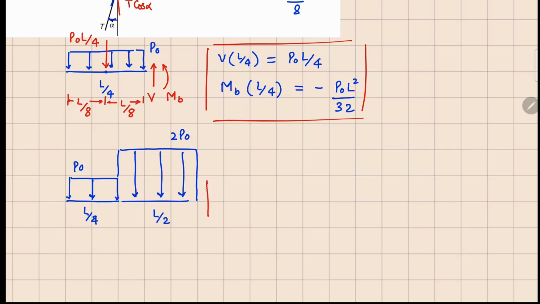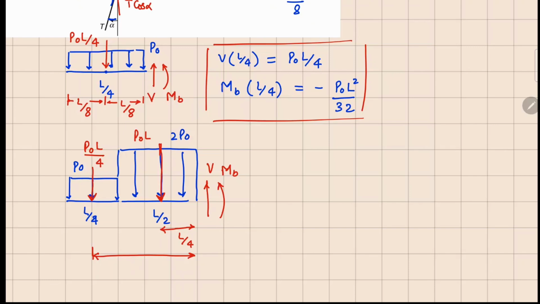In terms of unknowns, we'll have again your shear force and bending moment here. We can replace these forces with point loads. So this becomes P naught L by 4, and this one right here, 2P naught times L by 2, becomes P naught L. This distance from here to here is going to be L by 4, and from here up to here this distance is going to be L by 2 plus L by 8.